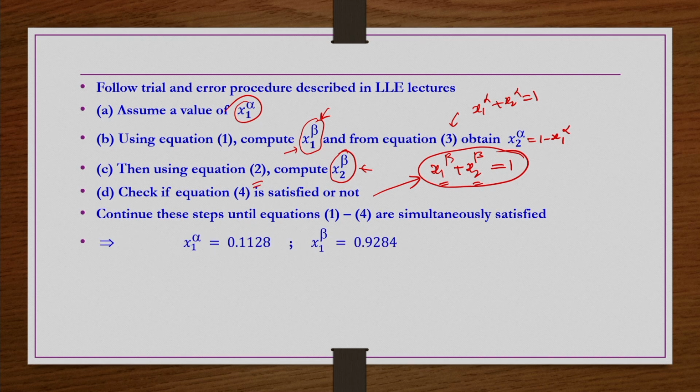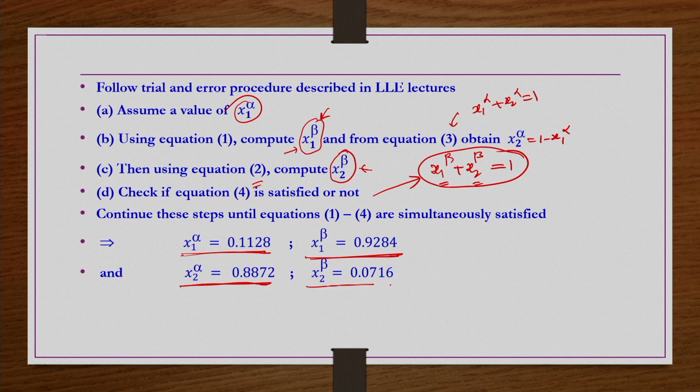So, when you follow this procedure, you can find x1 alpha is 0.1128 and x1 beta is 0.9284. Similarly, x2 alpha is 0.8872 and x2 beta is 0.0716.